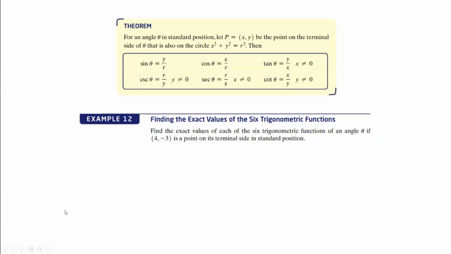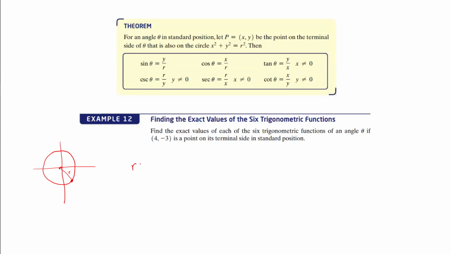So we've got a circle, and the origin is the center. Doing my best here, sorry. And then the point is 4, -3, so that's going to be somewhere here. But what we don't know is the radius of this circle.